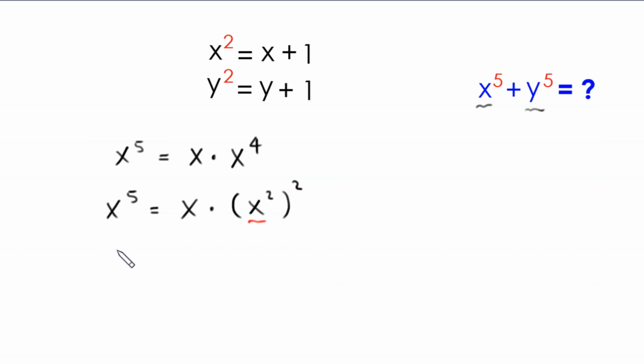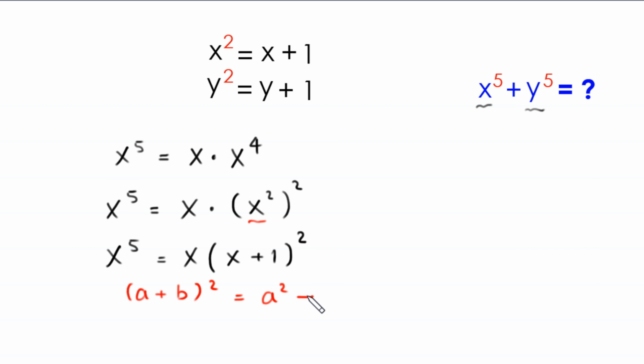So this will become x to the power 5 is equal to x times x plus 1 whole squared, and by using this algebraic identity, a plus b whole squared is equal to a squared plus 2ab plus b squared.